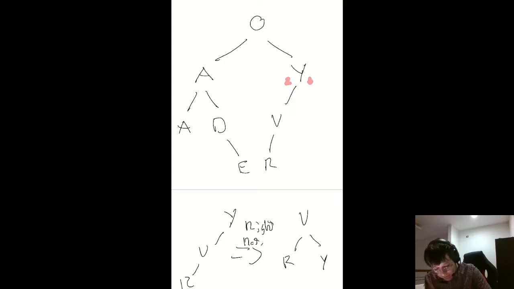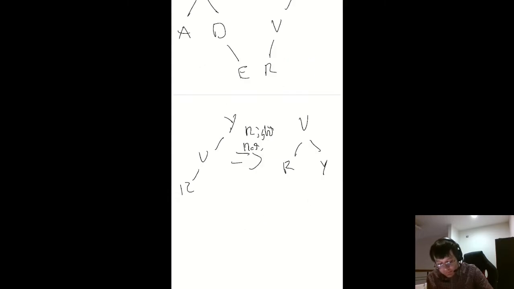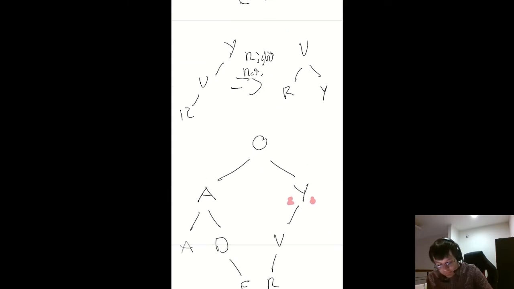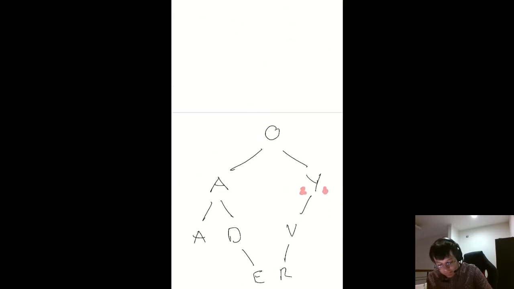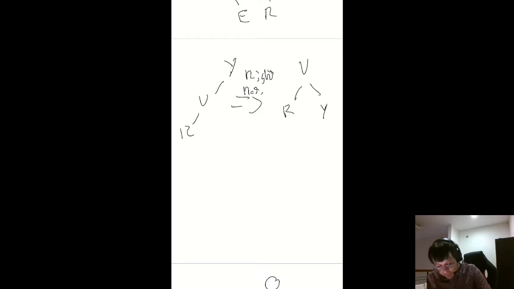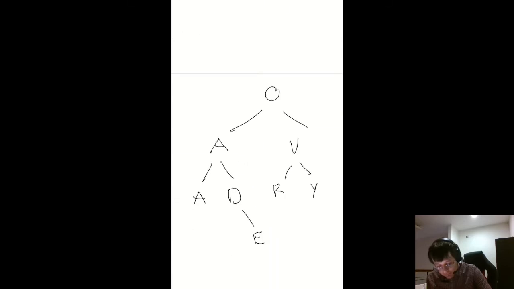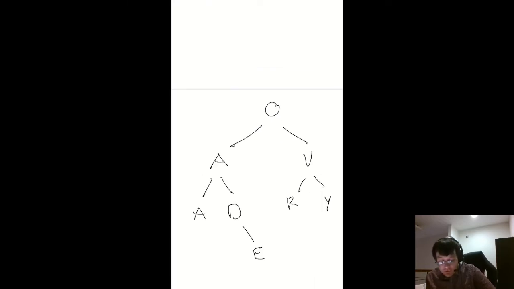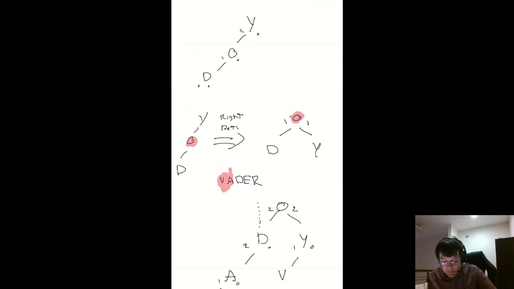Let me copy paste, take that out and put in the rotated version. And there we go. That's what the final version would look like if you were doing this exact example on the test.